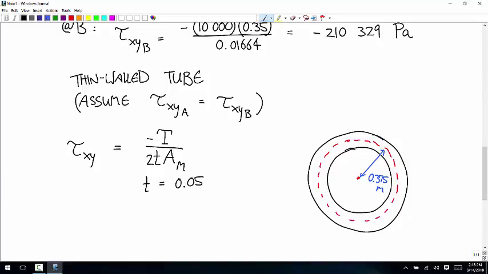And so in this case, it's easy to calculate the area inside that median line. So it's just going to be pi times 0.375 squared. What do you get for that? 0.4418.